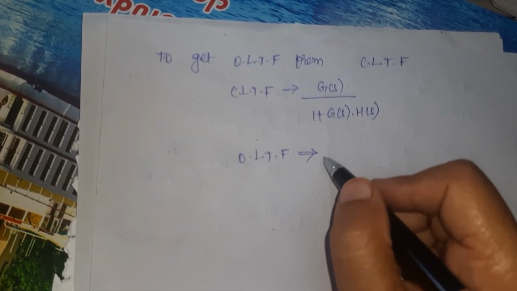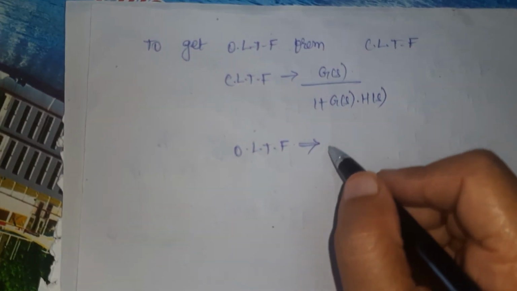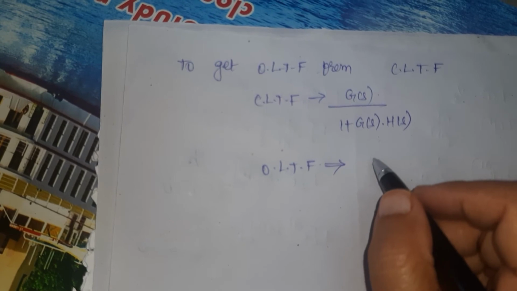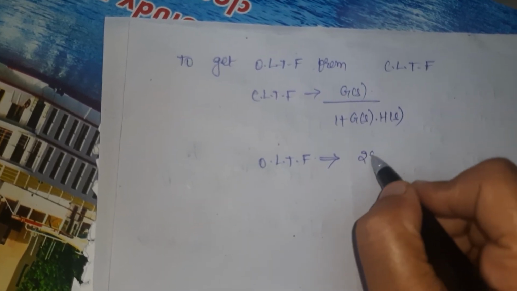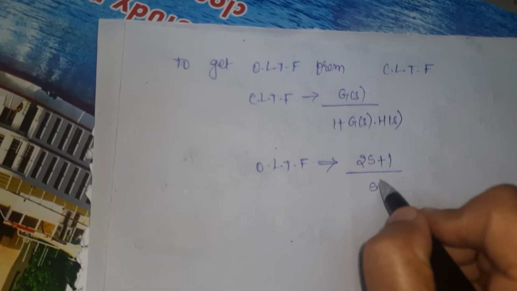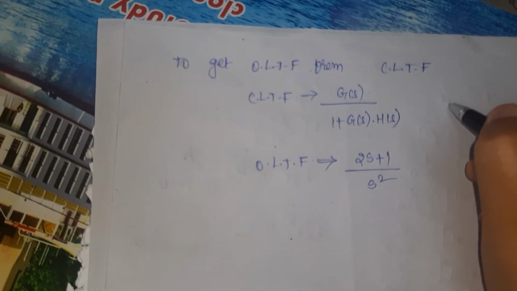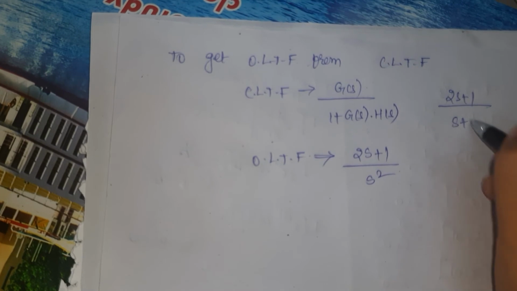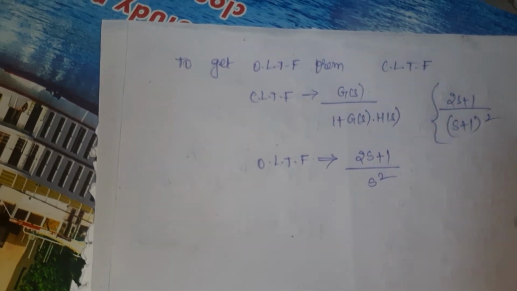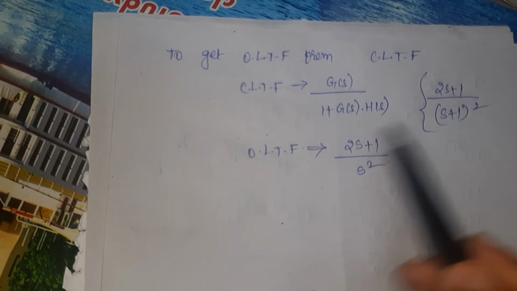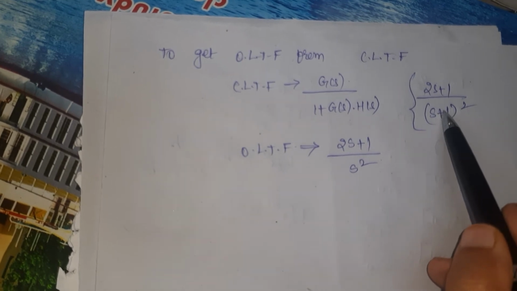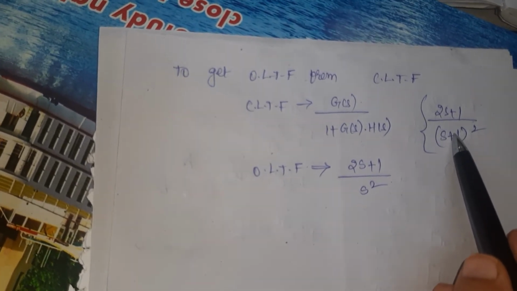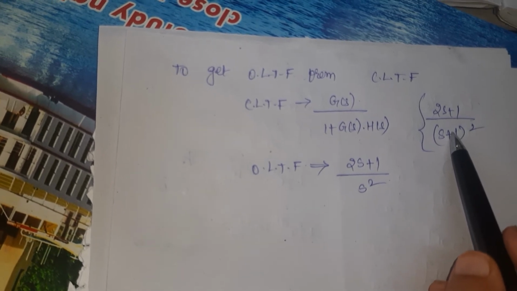So this is simply I can write 2s plus 1 by s square. What is the closed loop transfer function? I am having 2s plus 1 by s plus 1 whole square. So how to get the open loop transfer function from the closed loop transfer function? The formula is numerator by denominator minus numerator.